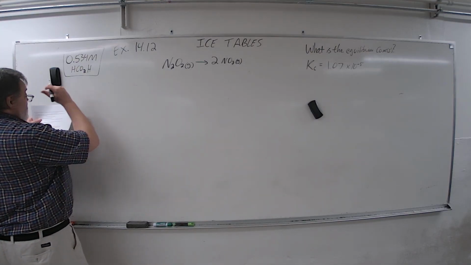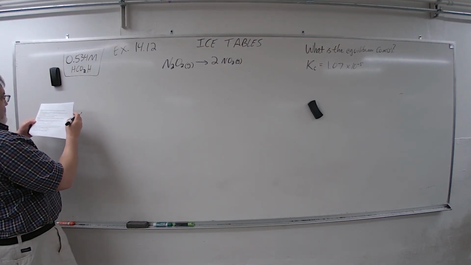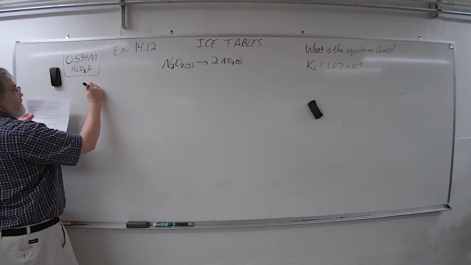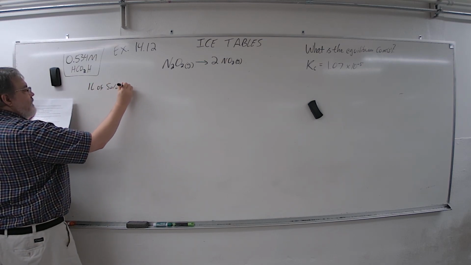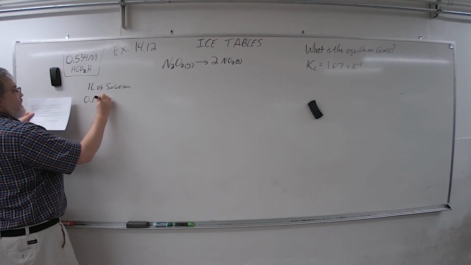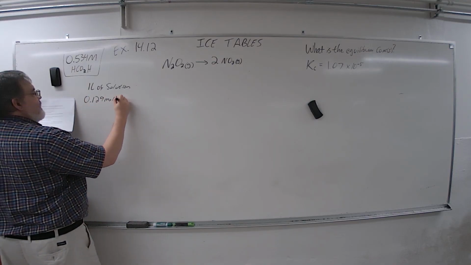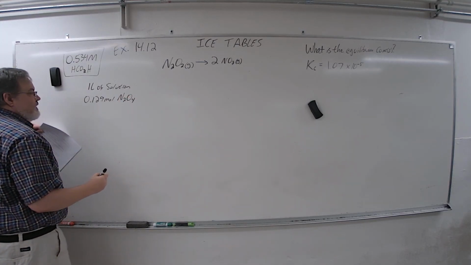This one says there's 1 liter of solution, and there's 0.129 moles of N2O4 in it.